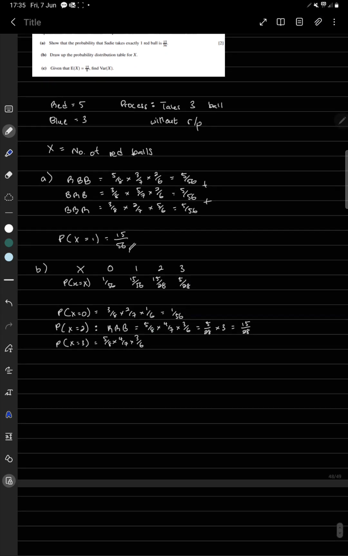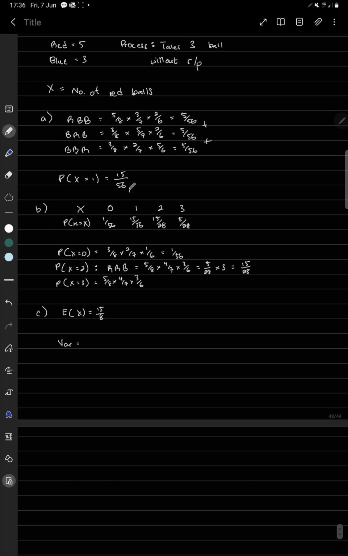Now moving on to the last part, part C. We want to find the variance, and the expectation has been given to us, which is 15/8. For the formula of variance, we need to remember that it's E of X squared minus bracket E of X, squared. So E of X squared is the sum of x squared p, minus bracket the sum of xp, the whole thing squared.